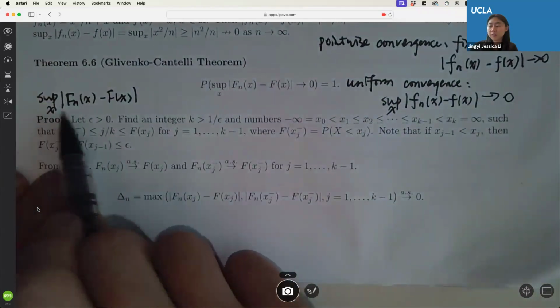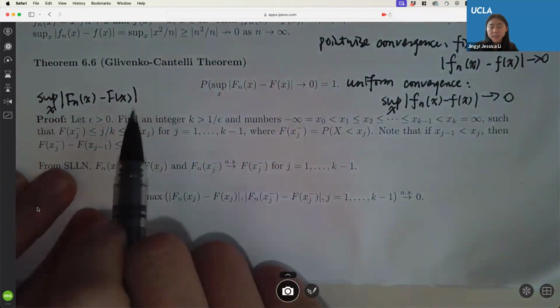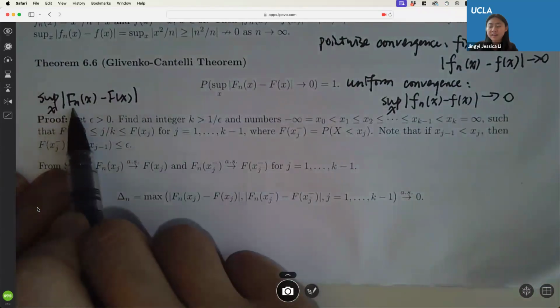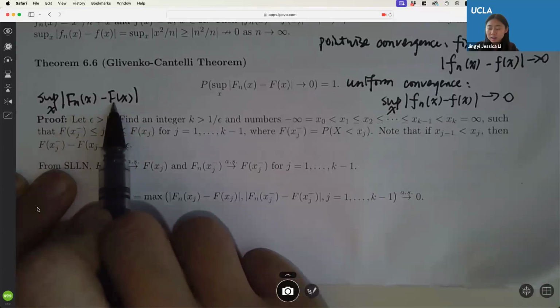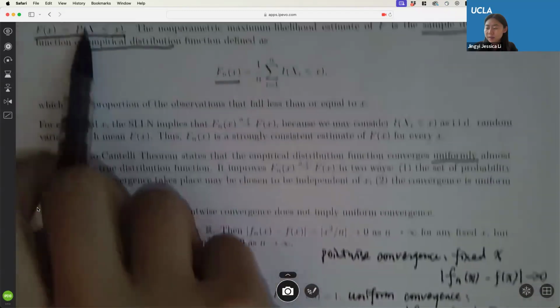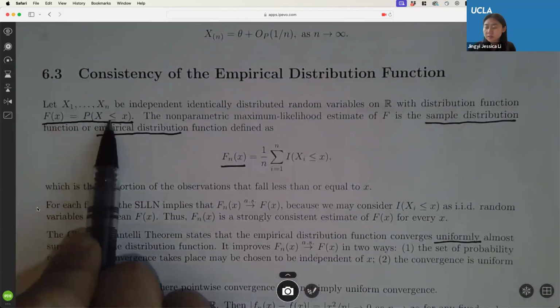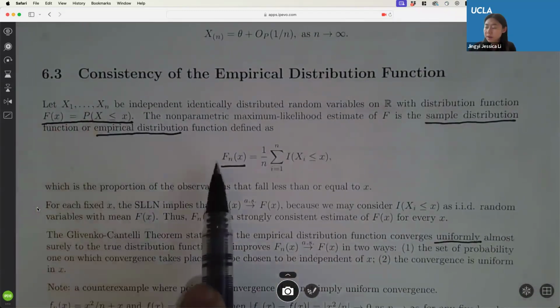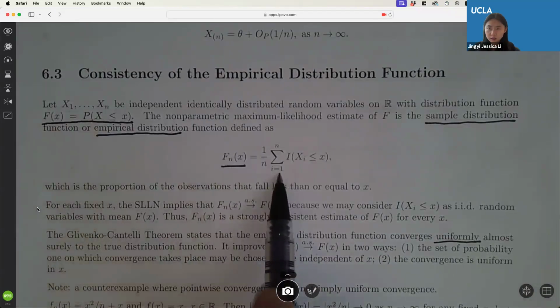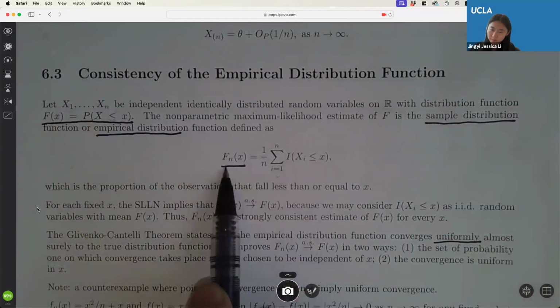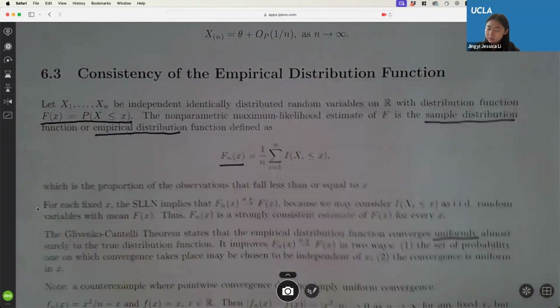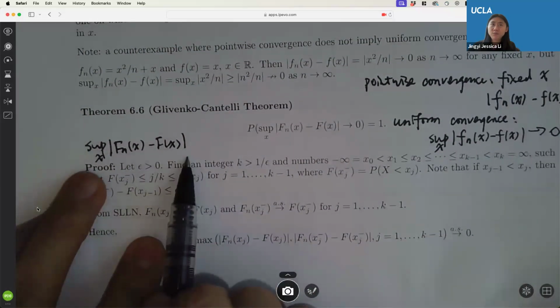And please note that this is random. The randomness comes from the fact that F_n is a random function because this function depends on X_1 to X_n. But F(x) is not a random function.